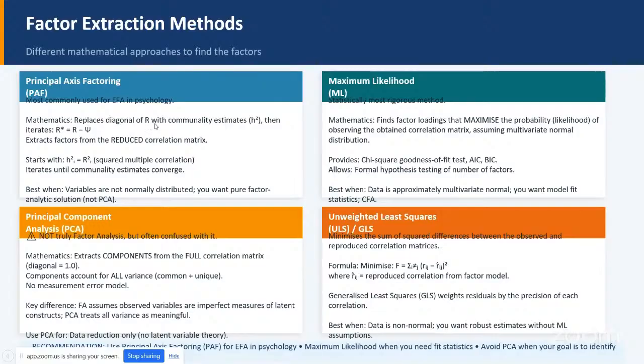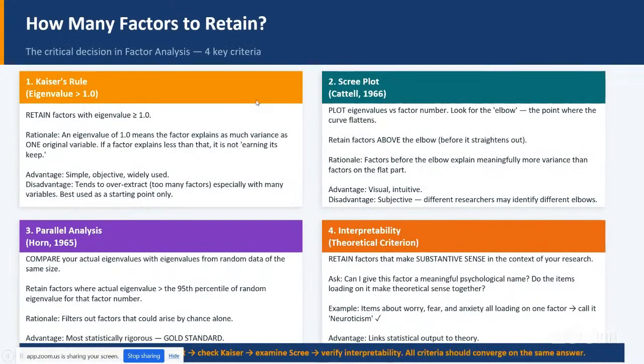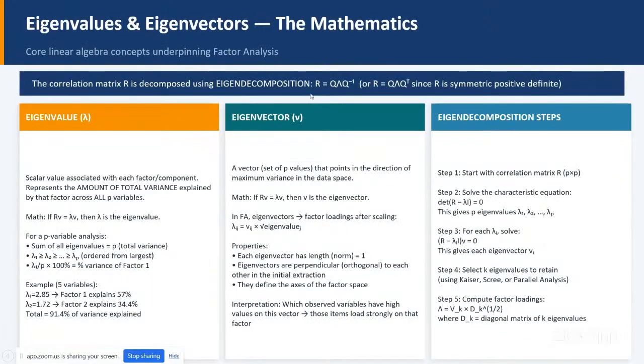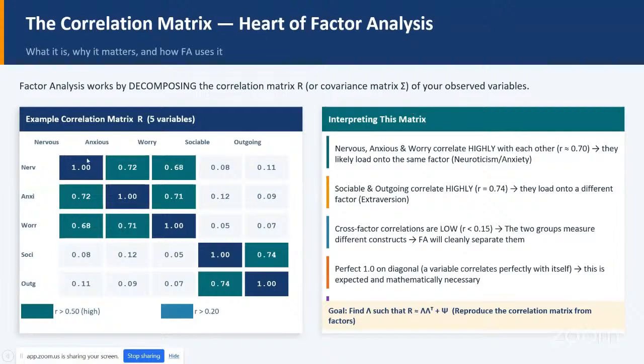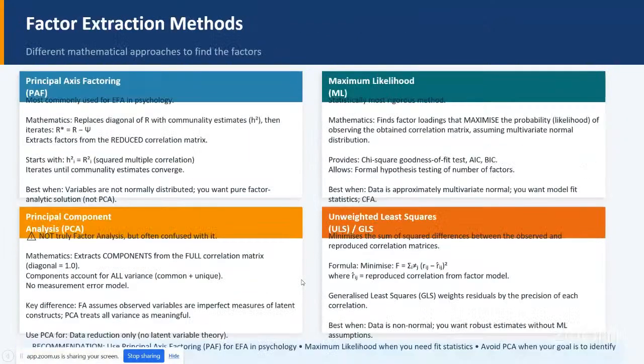Replace the diagonal. This is R, where each of the diagonal elements were 1, right? For this case, we will be dealing with the communality estimates, that is h square. What is h square?